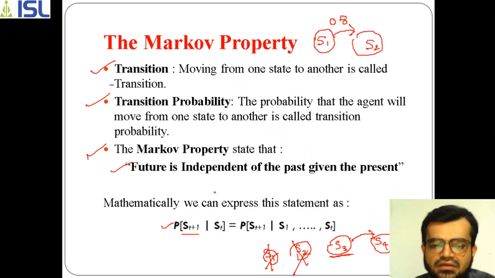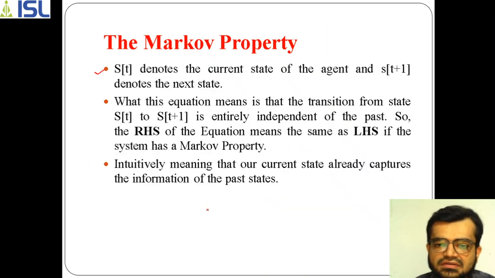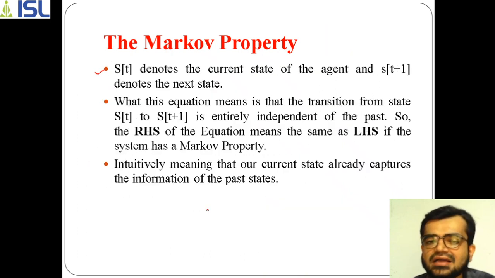If you concentrate on this part, it is not concentrating on the previous states. So you can consider that the left-hand side equals the right-hand side, and by that we can say it is the Markov property.